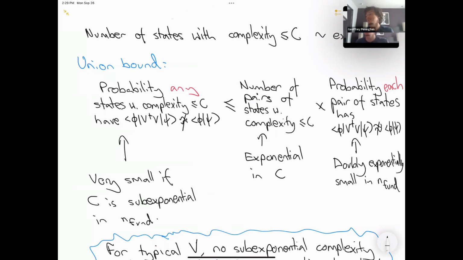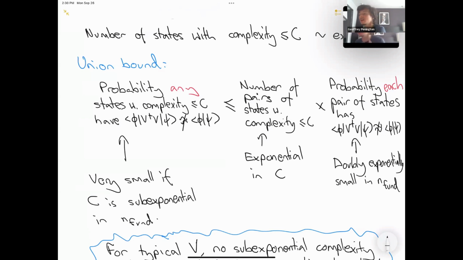Okay, so it's the probability for each individual one times just the number of different pairs that both have complexity less than or equal to c. The number of pairs grows exponentially with c. We just said that. And I also claimed that based on measure concentration, the probability for each individual pair is doubly exponentially small in the Bekenstein-Hawking entropy.